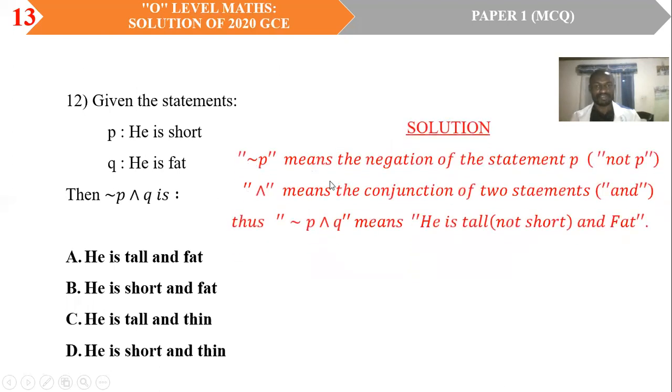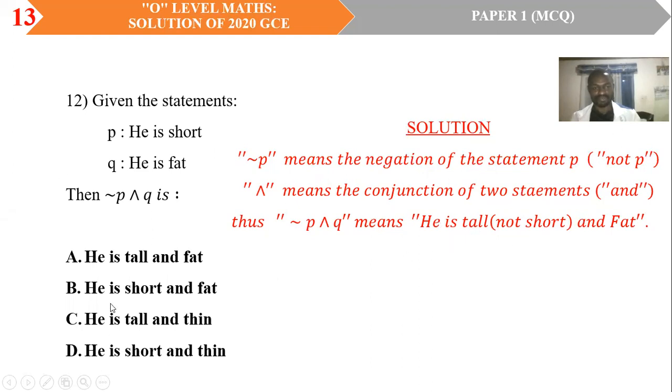This means the negation of the statement P, and it is interpreted as not P. This symbol, the conjunction of two statements, is interpreted as and. Thus, not P and Q means if P says that he is short, then refusing P will mean that he is tall.